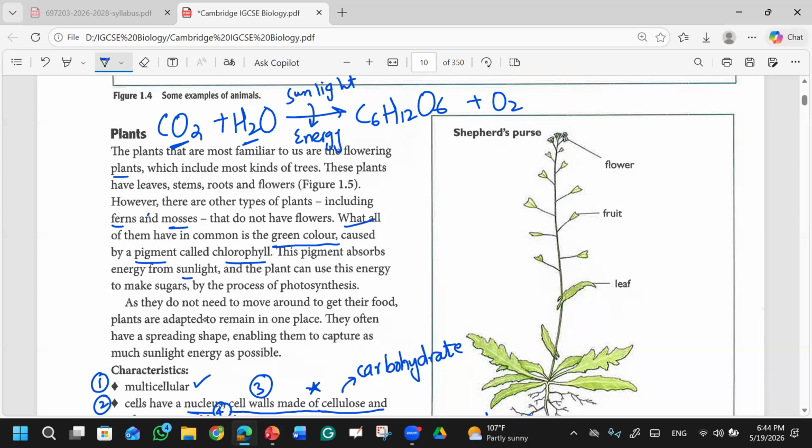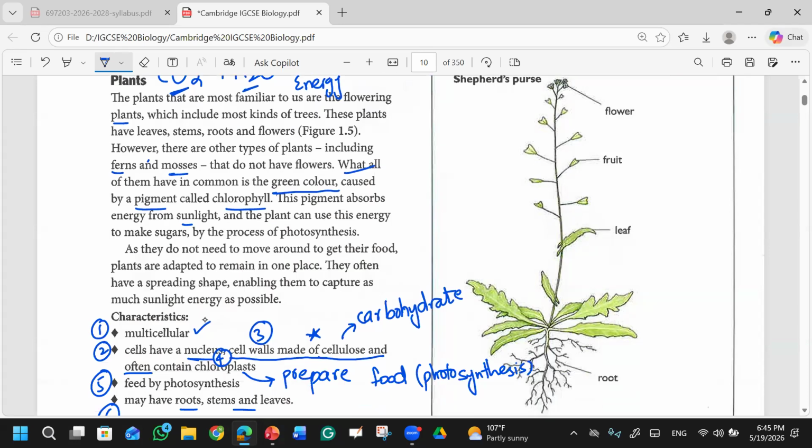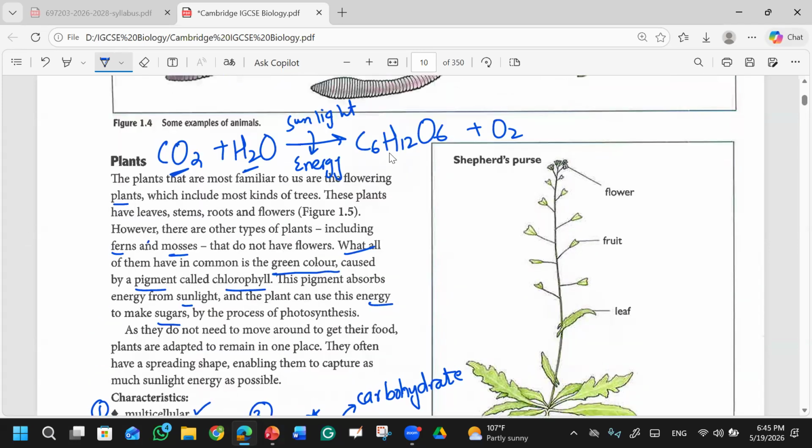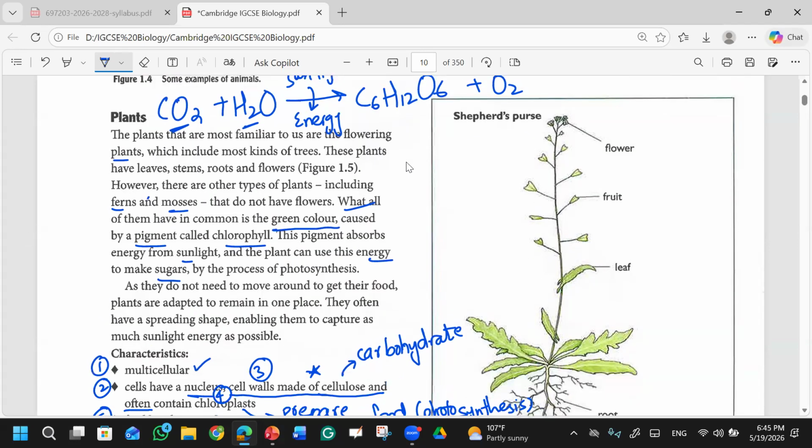Plants can use the carbon dioxide and water and make glucose from it, okay? Because they have chlorophyll, a color pigment which will absorb the sunlight, and then the plant will use this energy to make sugar, and sugar is what? The glucose, okay? Clear? By the process of photosynthesis.